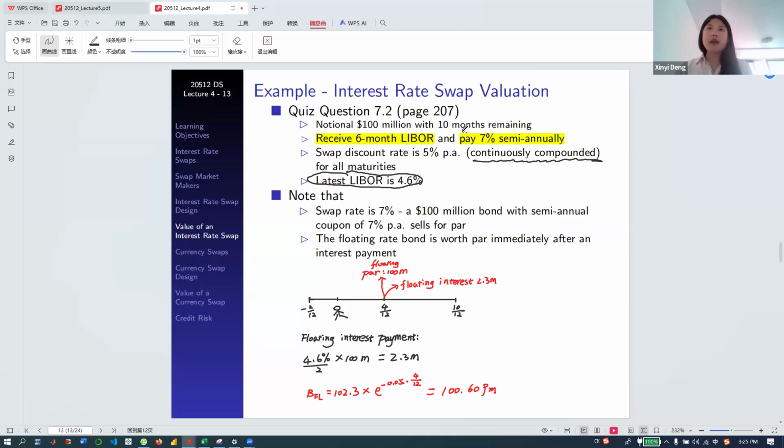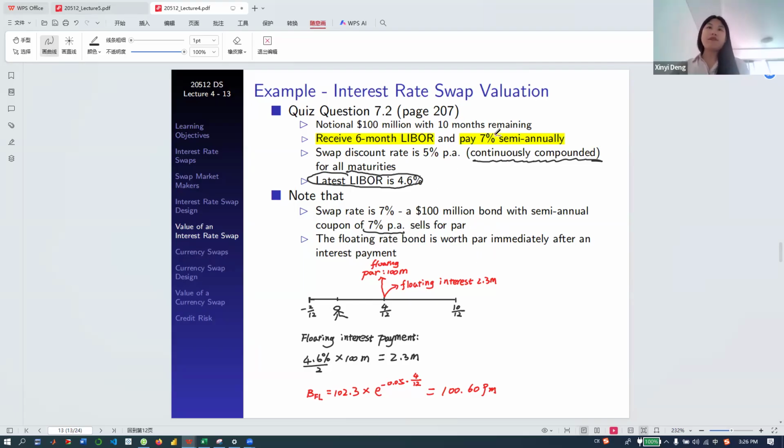That's what we have already discussed here. But again, this is an annual rate, and we have to convert it to a semi-annual rate. Here, this is a trick. The trick is that the floating rate bond is going to be worth par immediately after an interest payment.